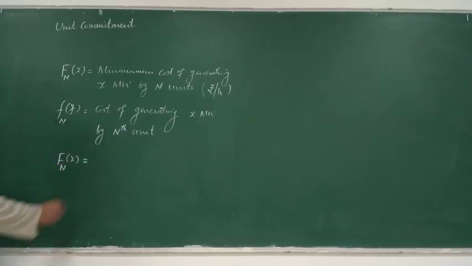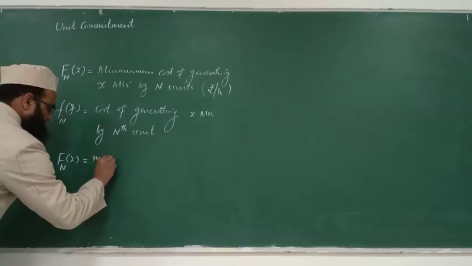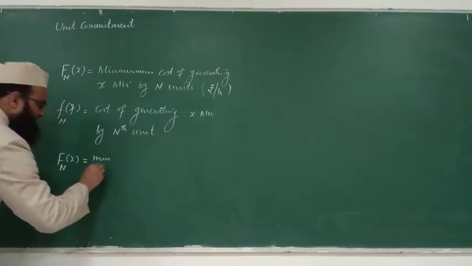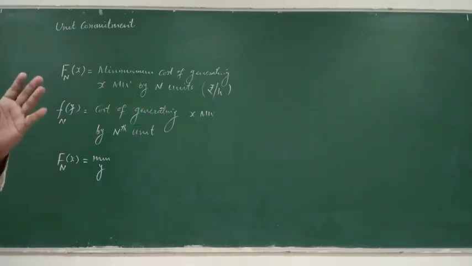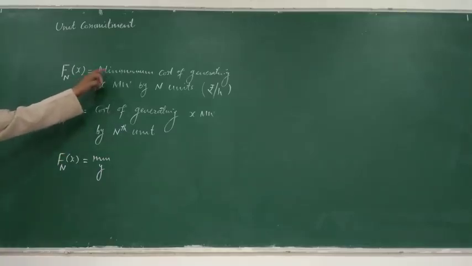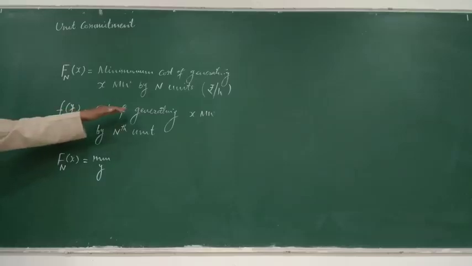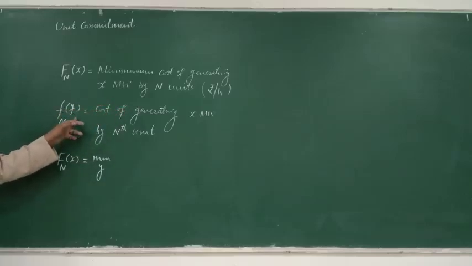So this can be written as, let us formulate this. y is the variable here. These are not variables now. Once you have selected the optimal loading, those optimal loadings are fixed on the corresponding units. That's why we have used minimum. But this is variable. This is cost. So the y will be obtained corresponding to which the cost of generation will be minimum.